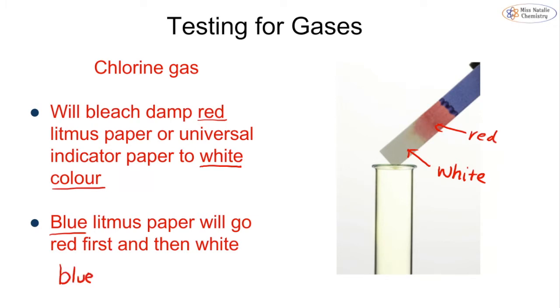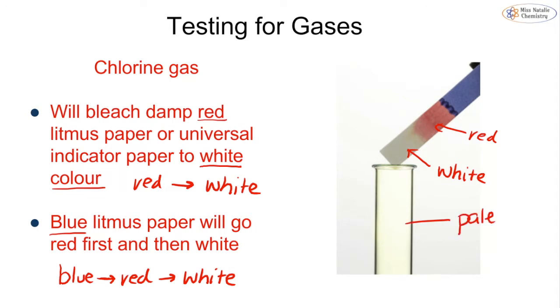So for blue litmus paper, it is just to red to white, whereas if it is simply red litmus paper, it just goes directly to white. We also may see a pale green gas because it is chlorine, but that is not a suitable chemical test. For all of these tests, it's not about just the observation of the gas itself, it is how can we chemically test that it is chlorine.